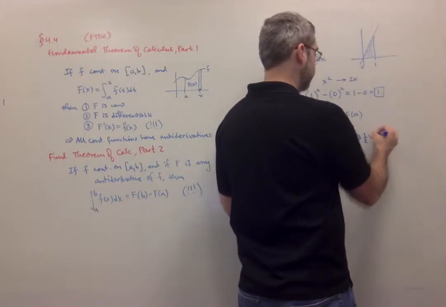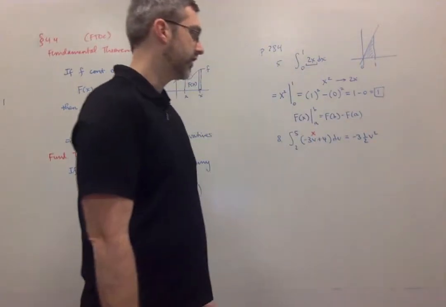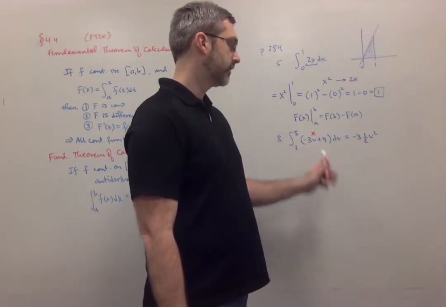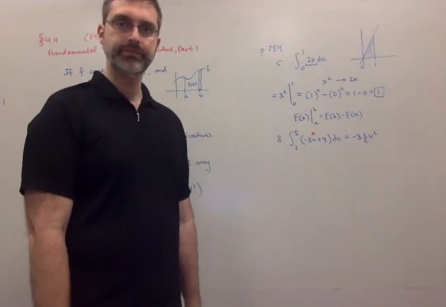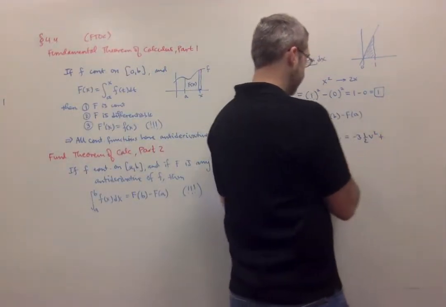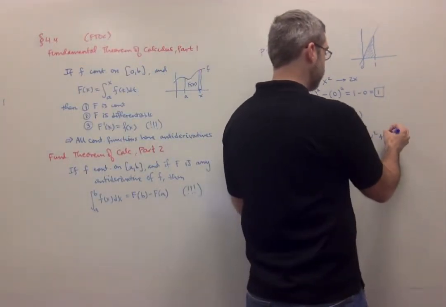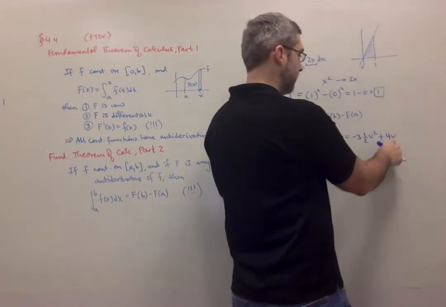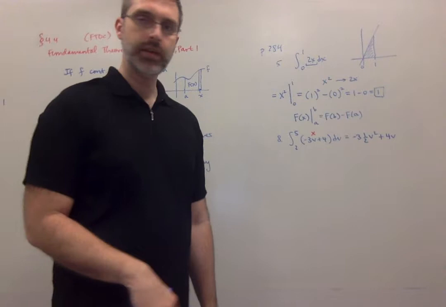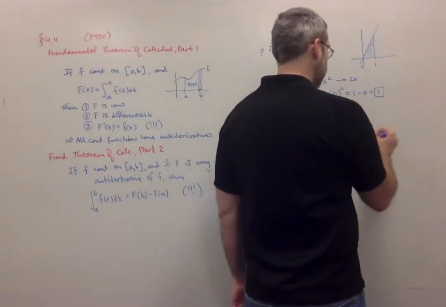In this case, we're using v, so 1/2 v squared, right? If you differentiate 1/2 v squared, it goes back to v. Plus, what's a function that differentiates to 4? Well, that's just going to be 4v, right? If you differentiate 4v, that becomes 4.